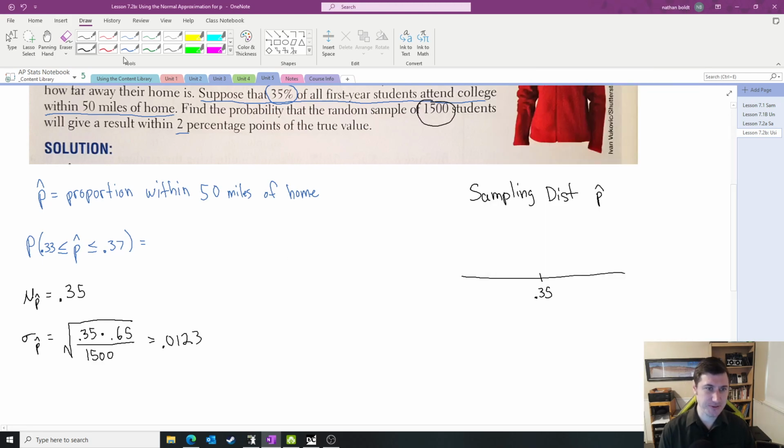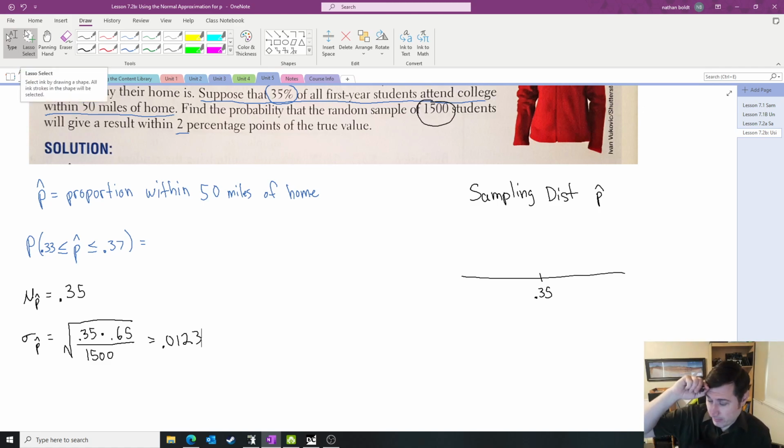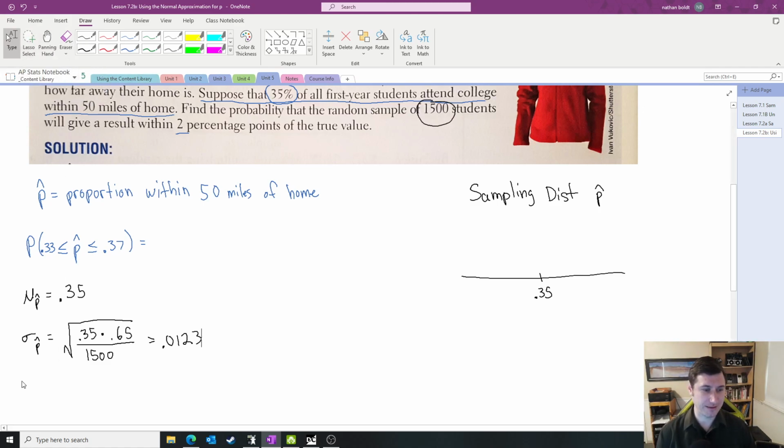0.0123 is our standard deviation. Now, when we do that calculation, we do have to give a nod to the fact that there's a condition on that calculation. That is only the standard deviation if we are sampling less than 10% of our population.